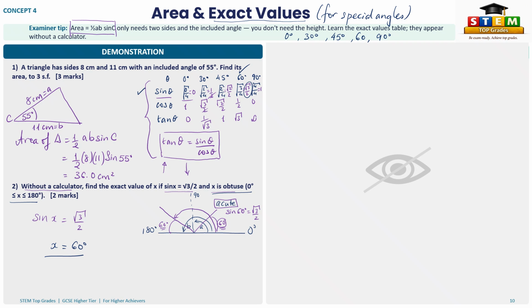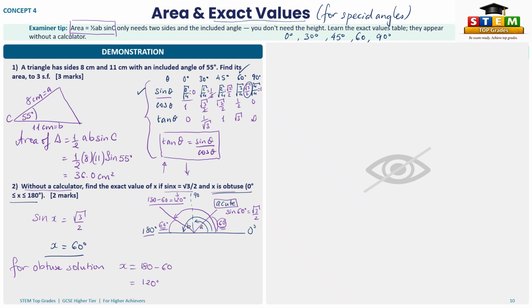So we are 60 degrees short of 180. So 60 degrees short of 180 is 180 minus 60, that gives you 120 degrees. That is actually what the examiner is looking for, because we are looking for an obtuse solution. So x is in fact not 60 degrees, but 180 take away 60, and that gives you 120 degrees.